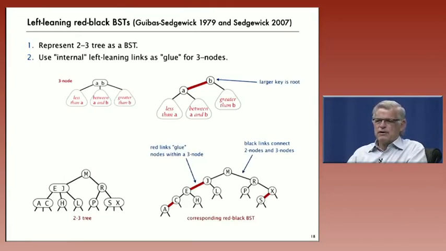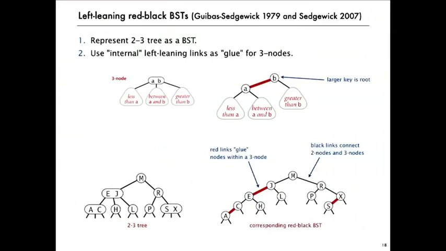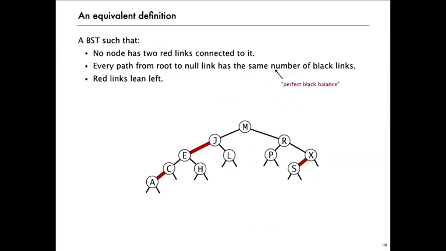Any 2-3 tree corresponds to a left-leaning red-black BST in this way. Just take the 3 nodes and split them into little binary search trees of size 2 held together by a red link. And correspondingly, given a red-black BST, you can get the 2-3 tree if you want it.